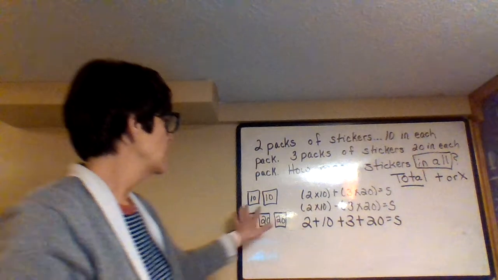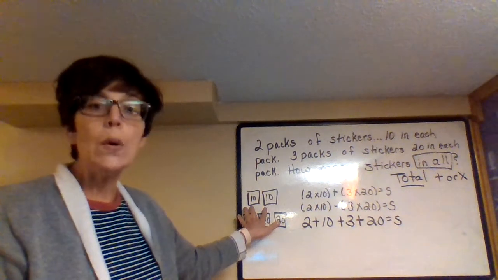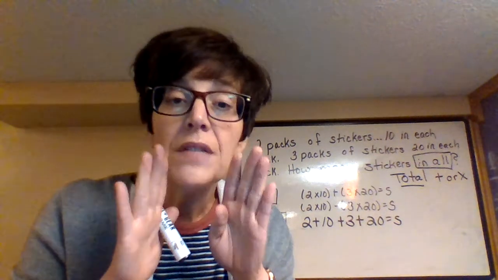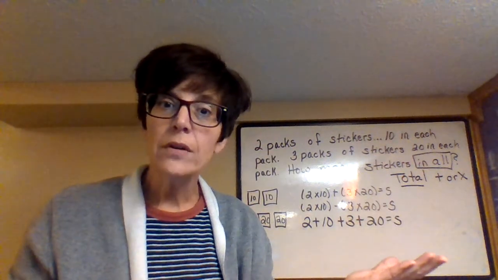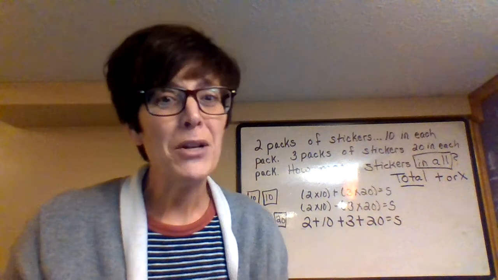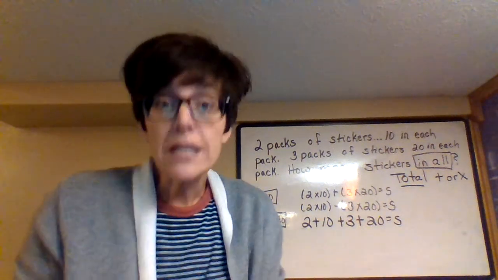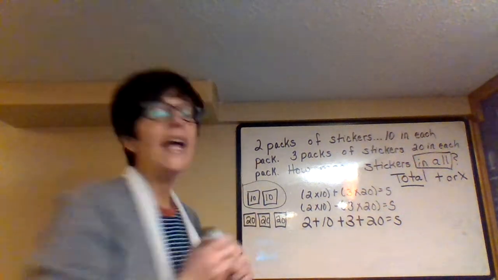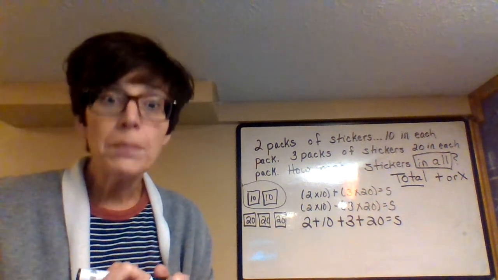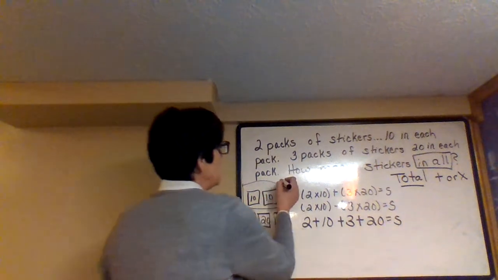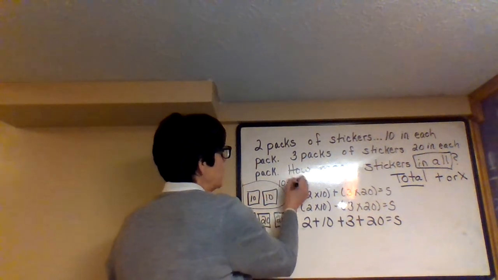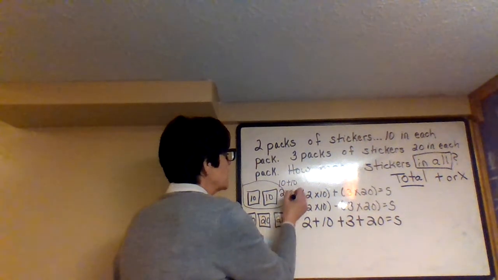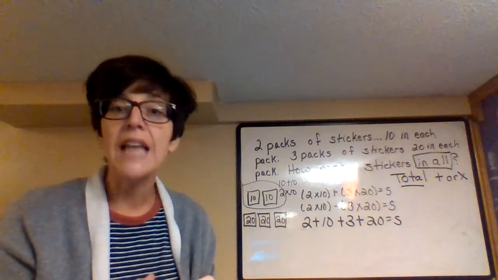So I have 2 packs of 10, 2 groups of 10. What is groups of? I hope you said multiplication, because groups of is multiplication, right? So I could add it, I could do 10 plus 10, or I could do 2 times 10 because I have 2 groups of 10.